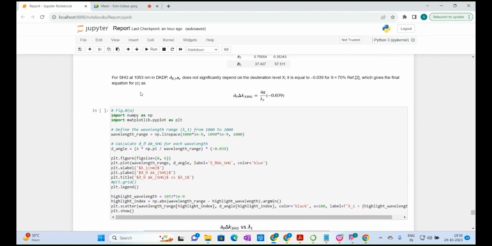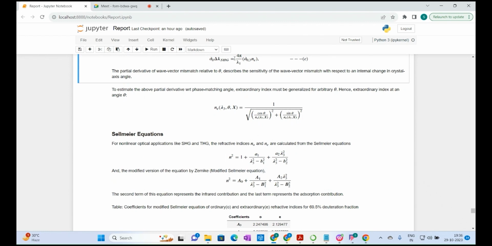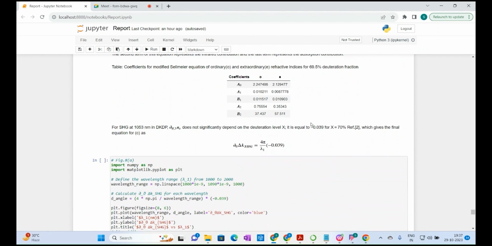For deuteration level equal to 70%, this partial derivative of extraordinary index comes out to be minus 0.039, and hence this is our final equation, which is dependent on lambda 1.